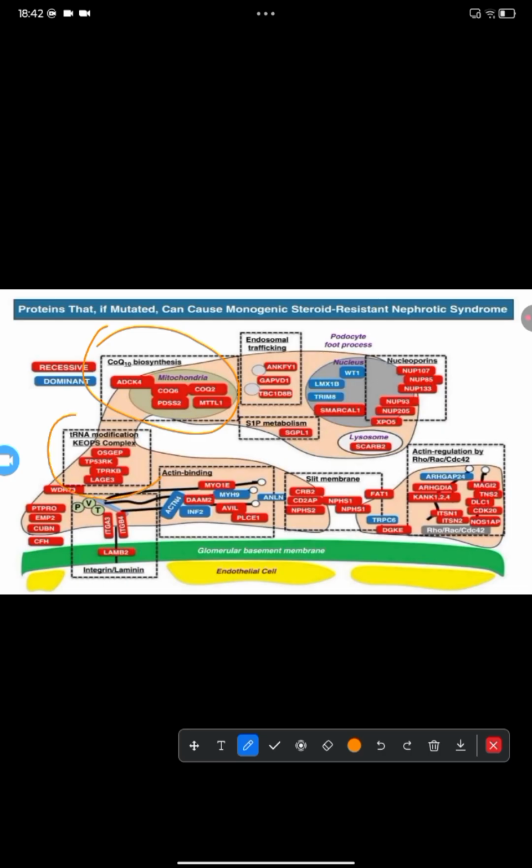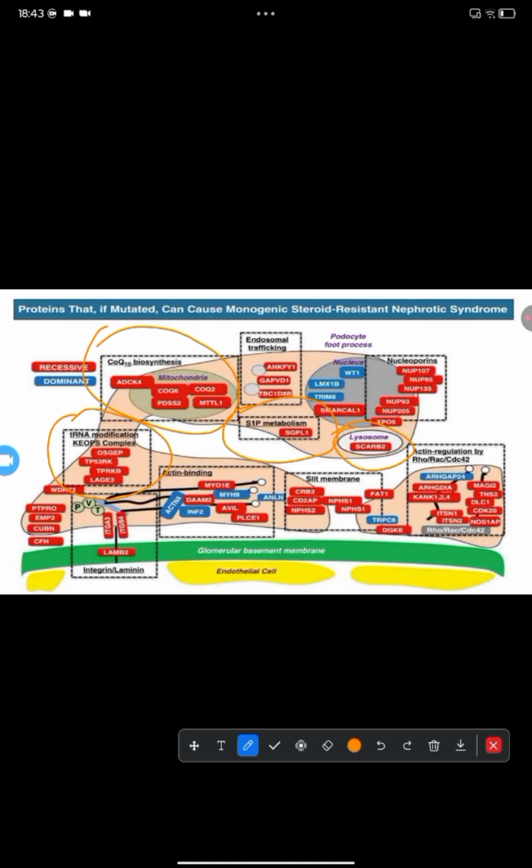We talk about the tRNA modification KEOPS complex, the metabolism of S1P, and the genes inside the lysosome. First of all, for coenzyme Q10 biosynthesis and mitochondrial function, the genes are ADCK4, COQ6, COQ2, PDSS2, and MTTL1.